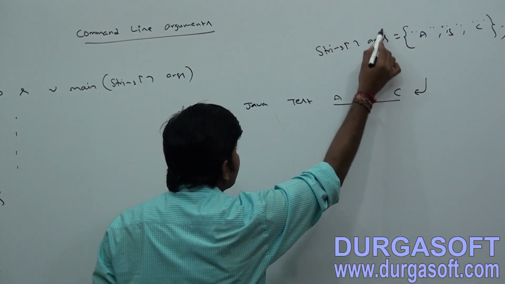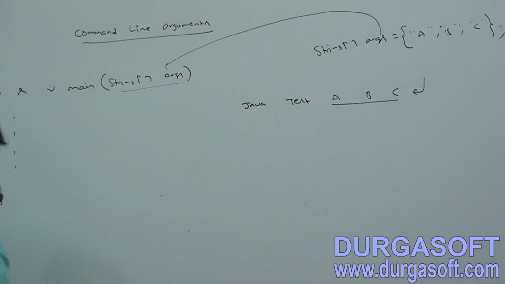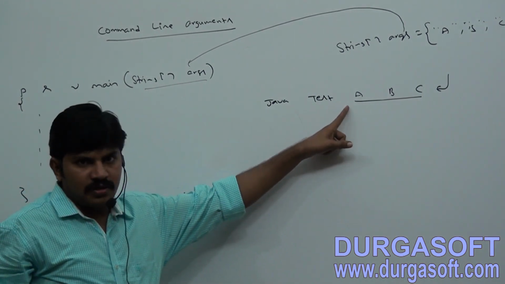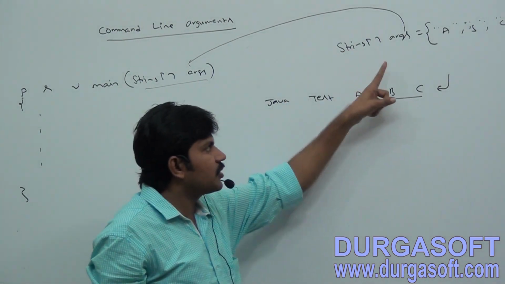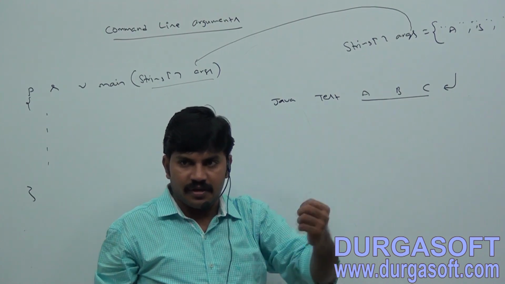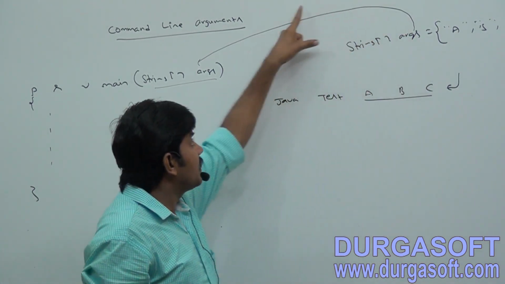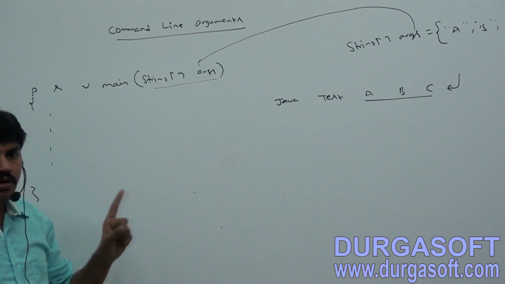And by passing this string array as argument, JVM is responsible to invoke main method, right? The arguments which are passing from command prompt are called command line arguments. Next, JVM is responsible to create one string array with these command line arguments, and by passing this array as argument, JVM is responsible to invoke main method.